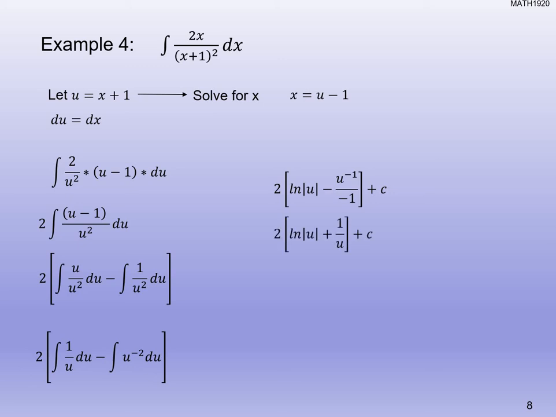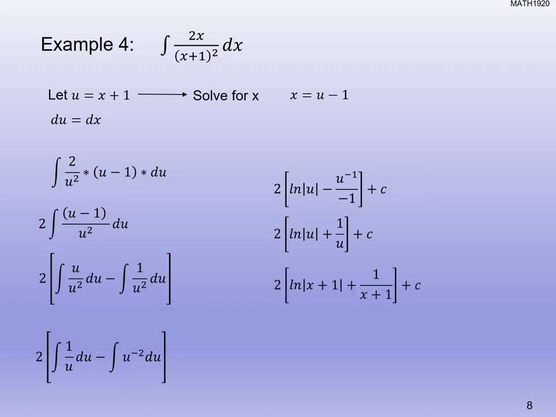All right, just simplifying that down, taking care of the negative step there and rewriting the u. Okay, so u to the minus 1 we rewrite as 1 over u, and then negative over negative becomes a plus sign when we do this. We end up with 2, okay, times the quantity of the natural log of u plus 1 over u plus c. Okay, now we replace u with what we pulled it out with before.